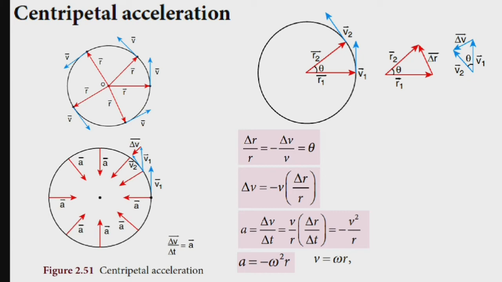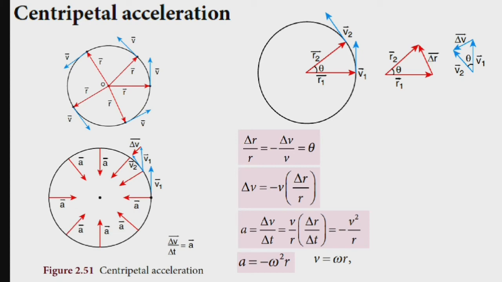Delta r by delta t is equal to minus v. So a is equal to minus v squared by r. Now v is equal to omega r.